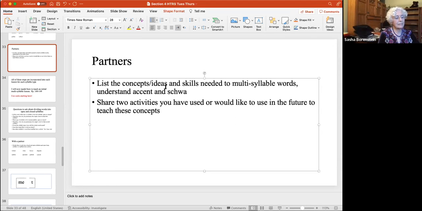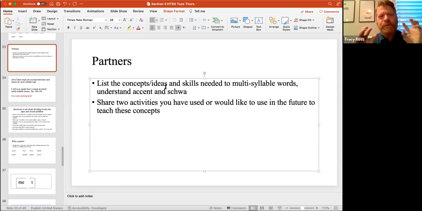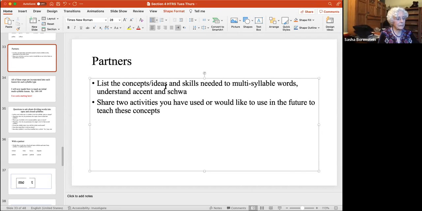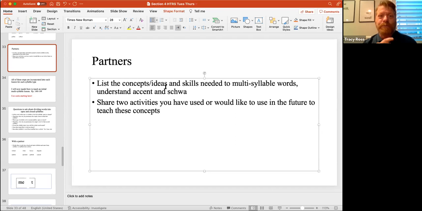But you don't want to just focus on one modality. You want to provide multimodal teaching so that everyone can use their preferred modality.